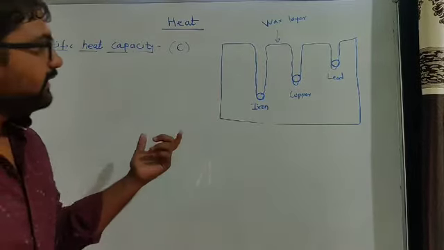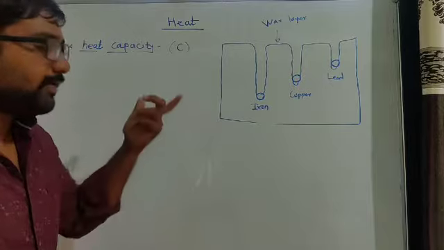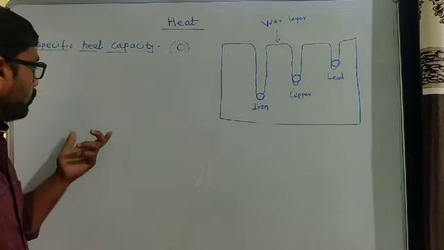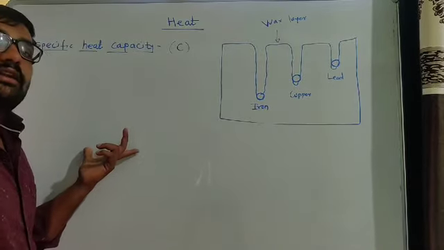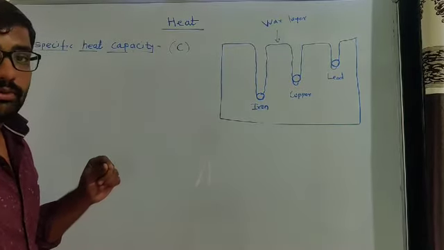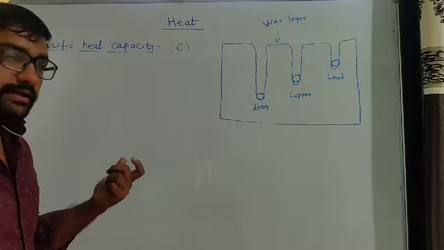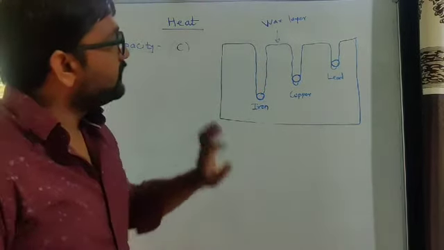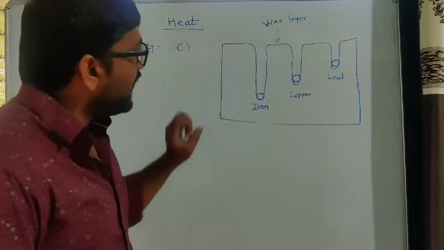What happened here? We take three balls: iron, copper and lead. Their initial temperatures are the same, because we take all three balls out of boiling water. Then we put the three balls on a thin wax layer.